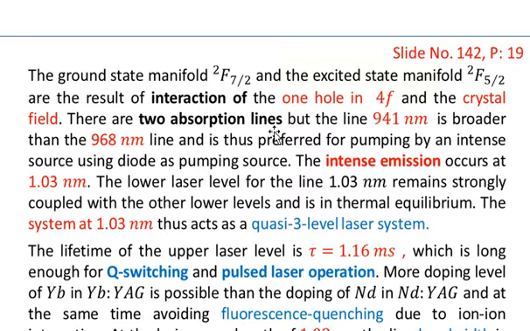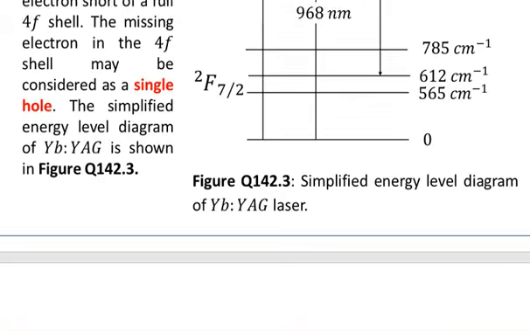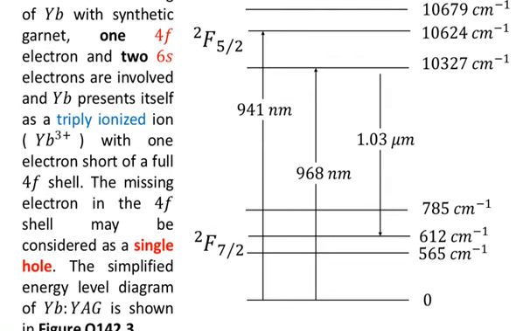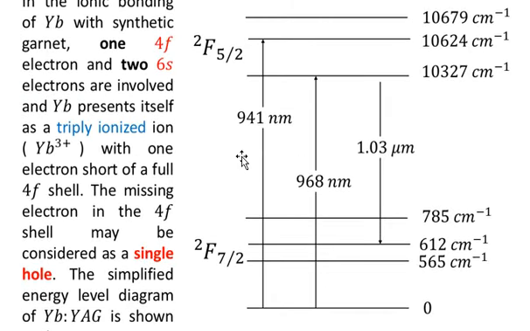There are two absorption lines, but the line at 941 nanometer is broader than the 968 nanometer line, and thus preferred for pumping by an intense source using a diode as a pumping source. So you see that the two pumping wavelengths will be 941 nanometer and 968 nanometers from the ground state to the upper levels of F5/2.